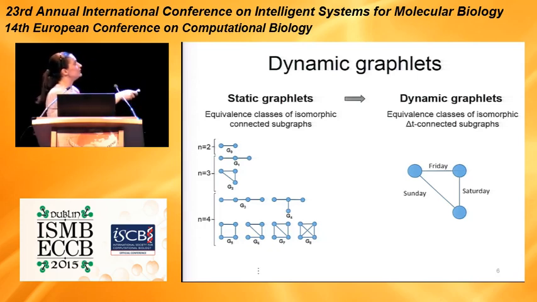The only difference in definition, or I should say the only theoretical difference in the definition of static versus dynamic graphlets, is the delta T connectedness. Each of these static structures is connected, meaning for every pair of nodes in the given graphlet, there is a path between them. The same definition applies to dynamic graphlets, except for every pair of nodes in a dynamic graphlet, there has to be a delta T time-respecting path between them.